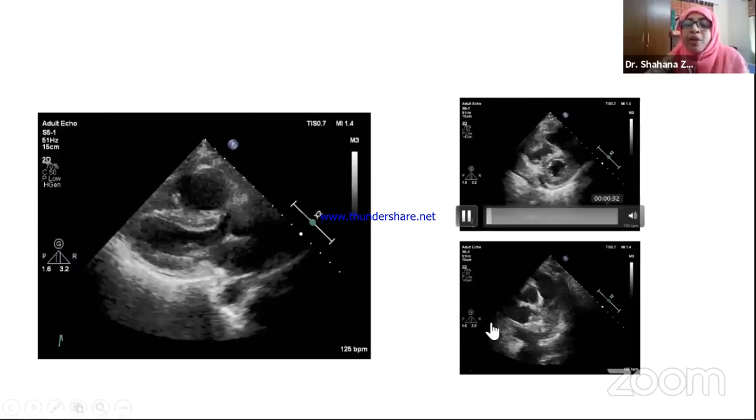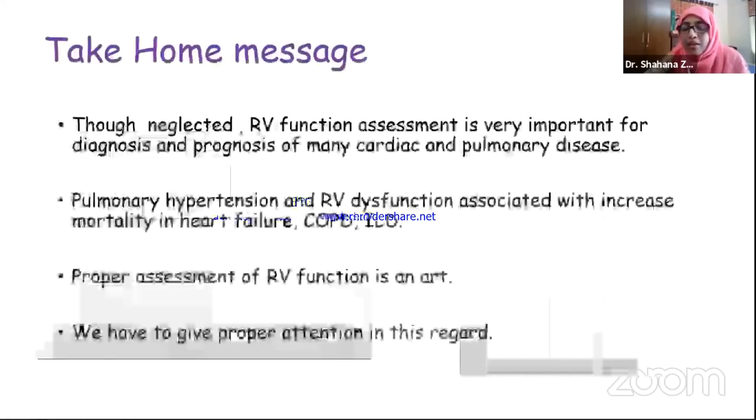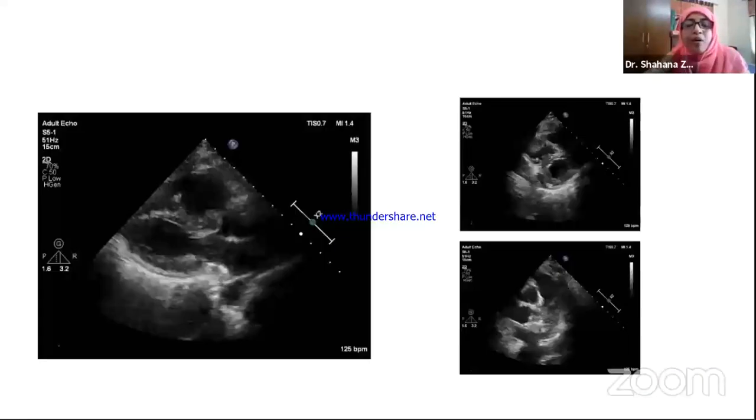When we moved to parasternal short axis view at the level of the great vessels, we found a mass in the main pulmonary artery extending into the right pulmonary artery and also the left pulmonary artery. And this patient also failed to survive.